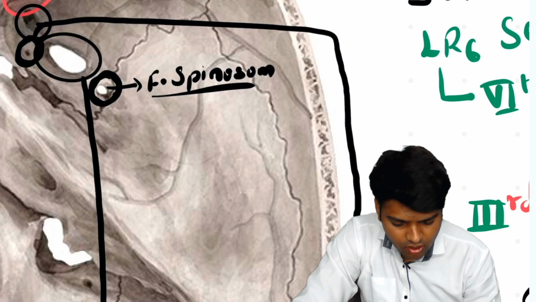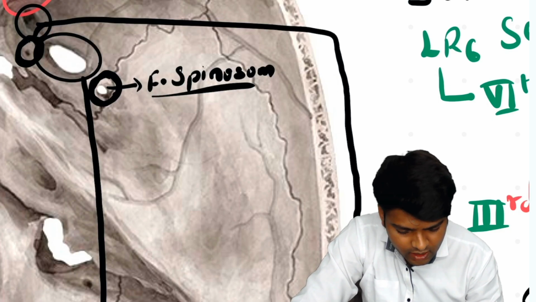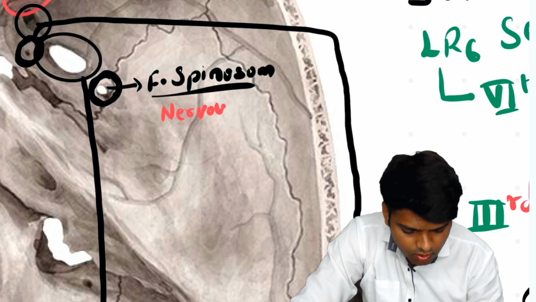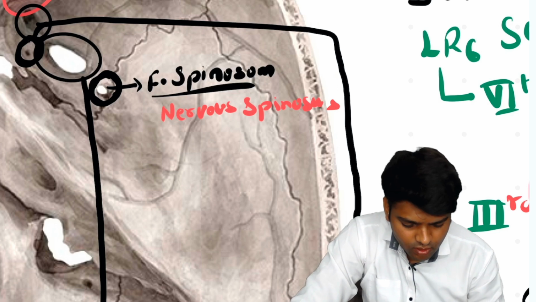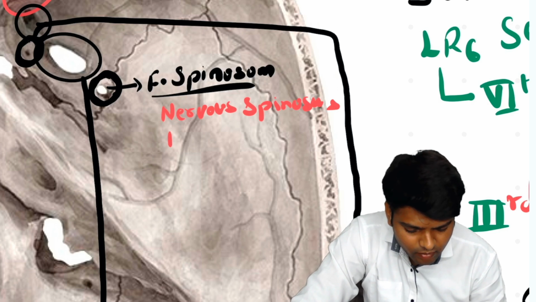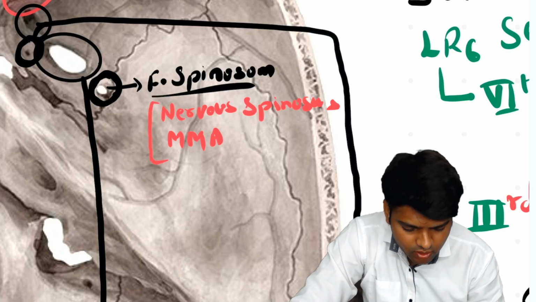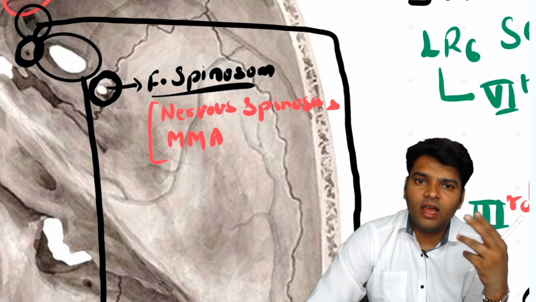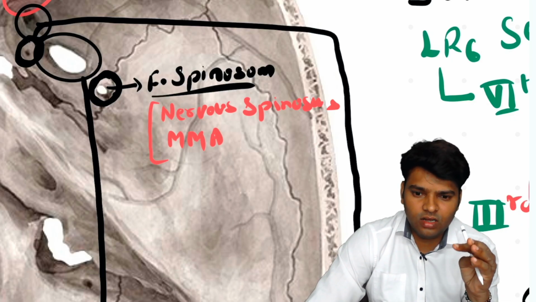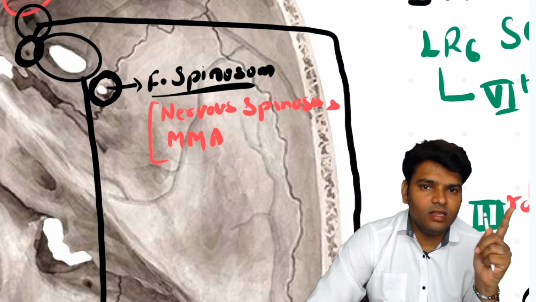So I want to write here the nervus spinosus and middle meningeal artery. These both structures, the chief nerve and chief artery, supply the dura mater.